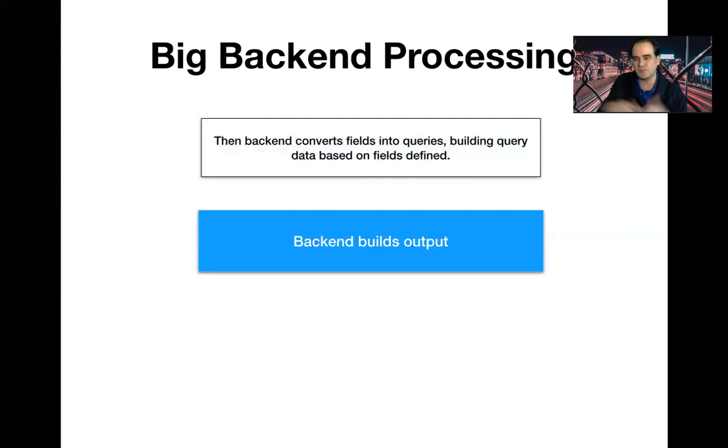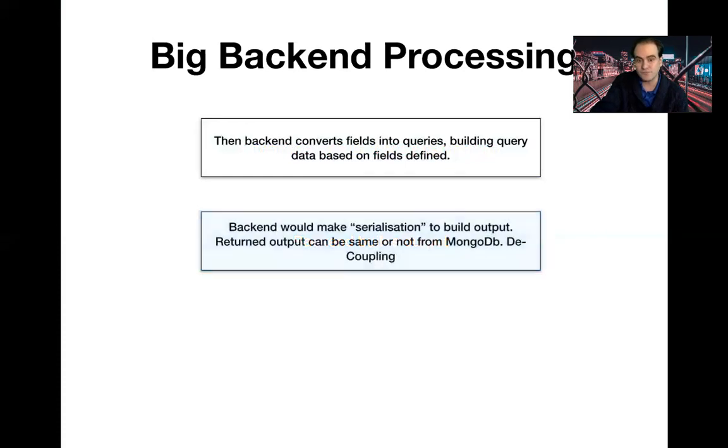So it will be building the data logic query. And yeah, the good thing is about control. And then the backend will use something like serialization, translating the data from Mongo to the API output. That way you decouple those two data sets. So the advantages, you got it there.